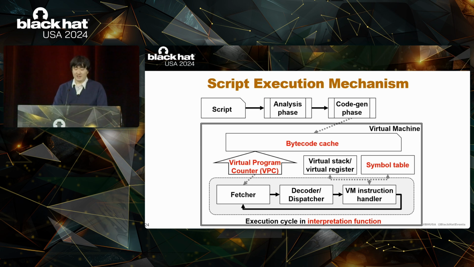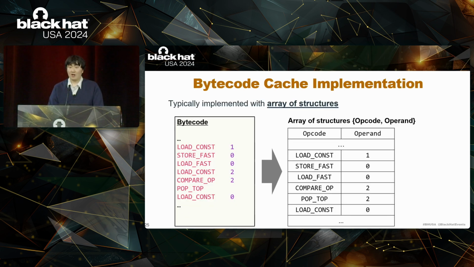First, the fetcher fetches the instruction pointed to by the VPC. After decoding and dispatching, the instruction handlers perform the instruction while accessing the stack, registers, and symbol tables. And then the fetcher fetches the next instruction, and so on.